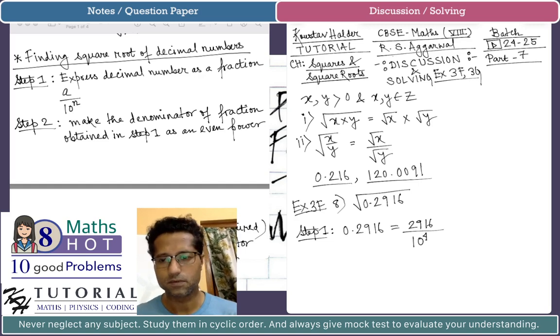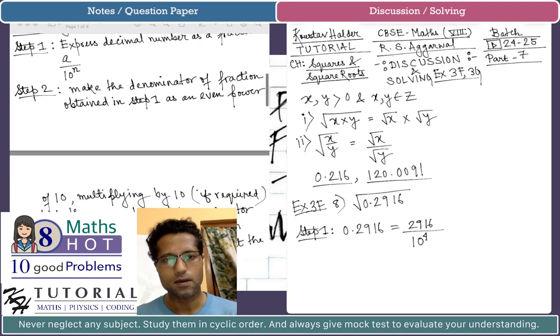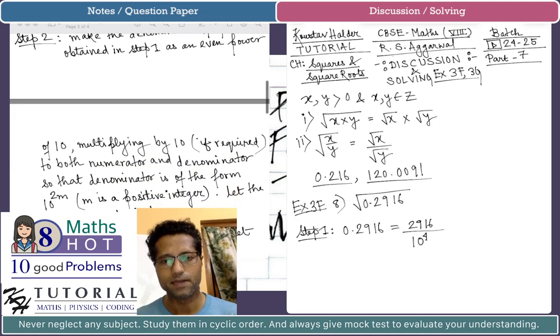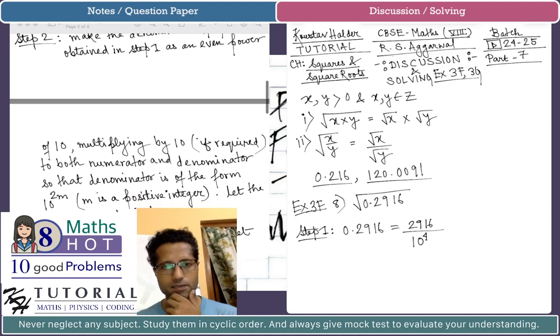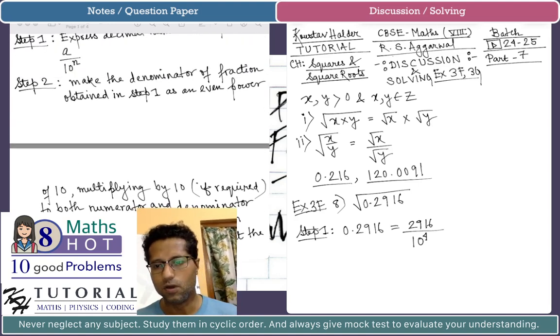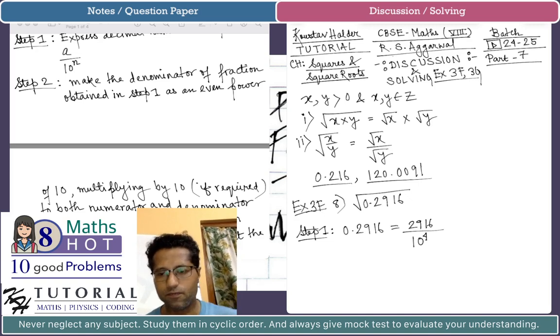Now what is step 2? Step 2 says to make the denominator of the fraction obtained in step 1 an even power of 10, multiplying by 10 if required to both numerator and denominator, so that the denominator is of the form 10 to the power 2m. In step 1, the fraction we got is 2916 divided by 10 to the power 4.